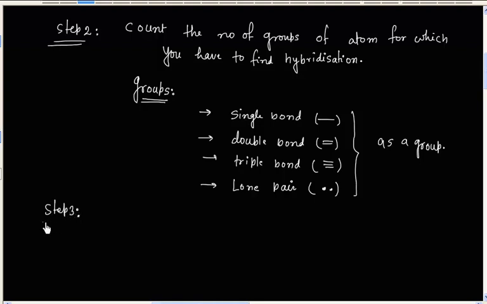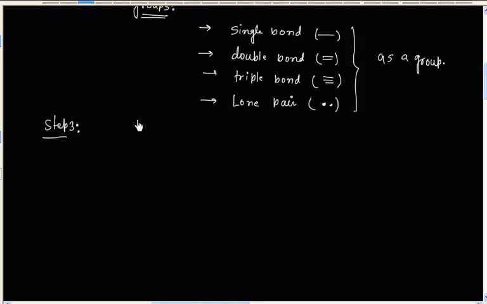And step 3 will be: if the group number is 2, then hybridization will be sp. Group number 3, hybridization will be sp2.